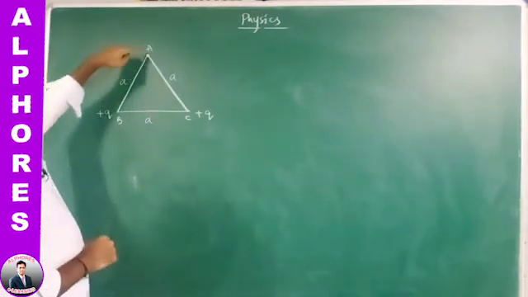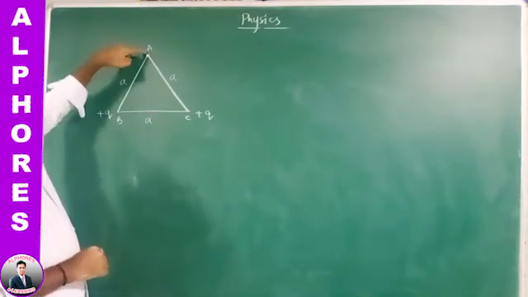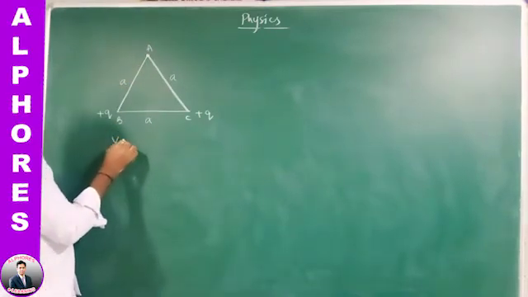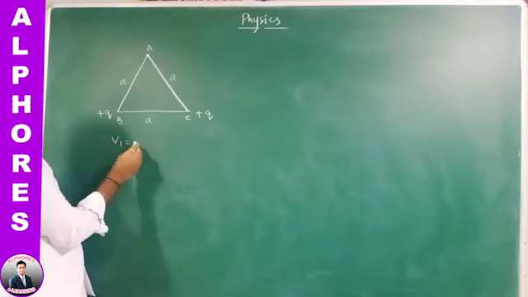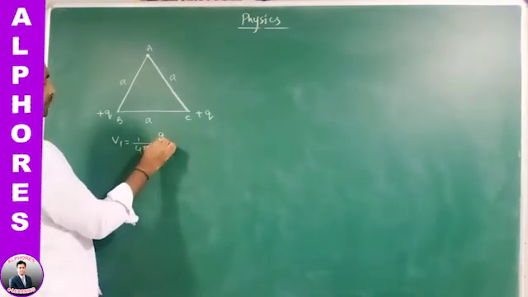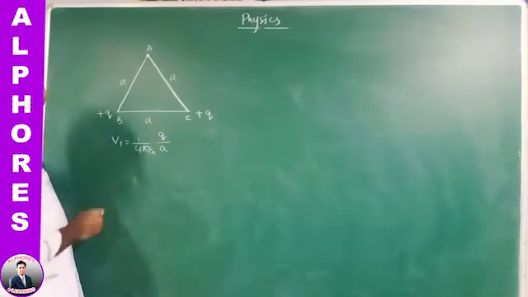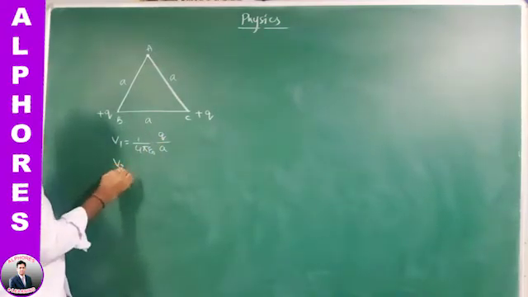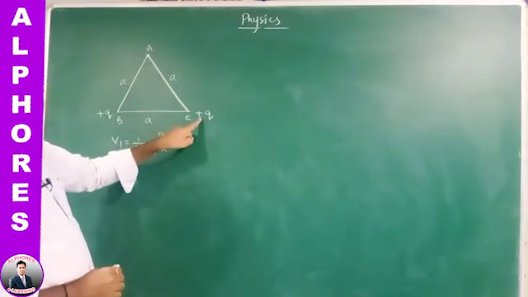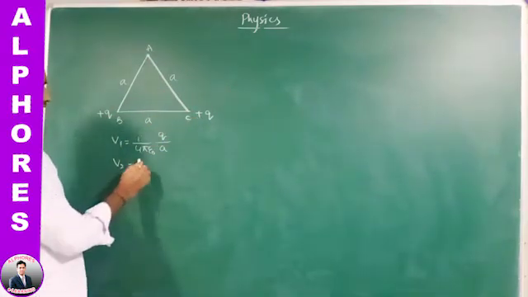Let V1 be the potential at the point A by the charge kept at the point B. We get 1 by 4 pi epsilon naught q by A. In the same way, V2 is the potential at the same point A by the charge plus q kept at the point C, at the same distance.